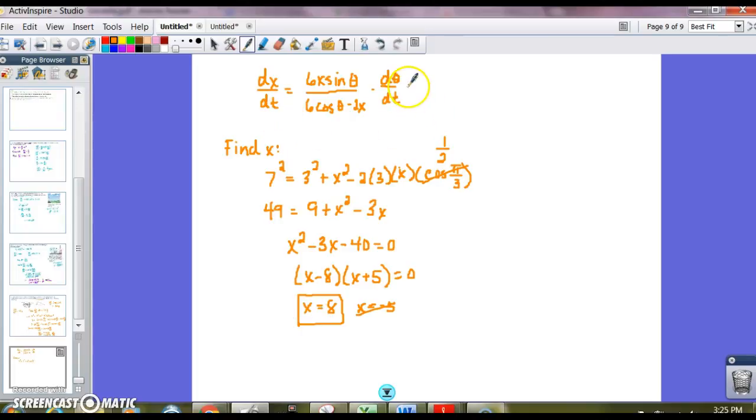So now I can go back and substitute into my formula here. So I have 6 times 8 times the sine of pi over 3, which would be root 3 over 2.